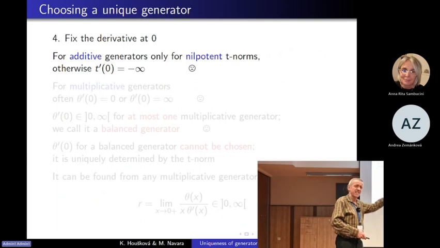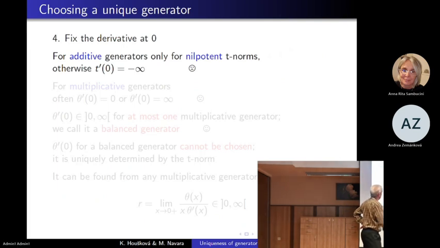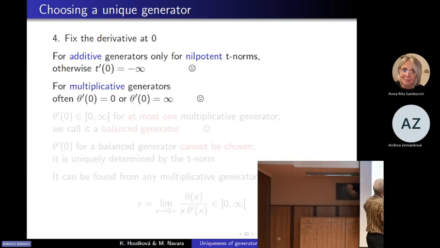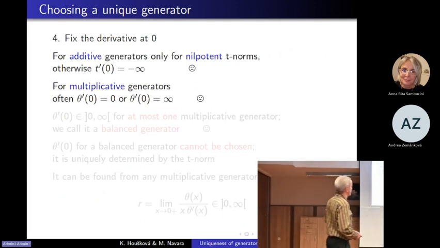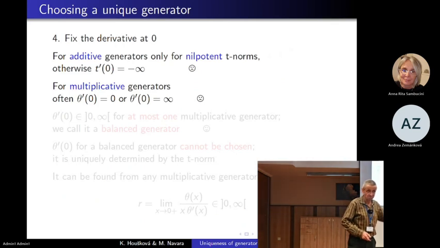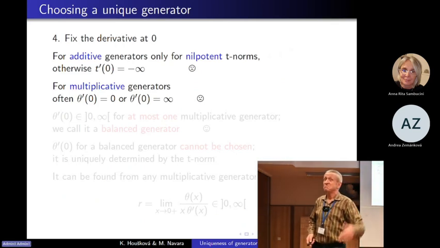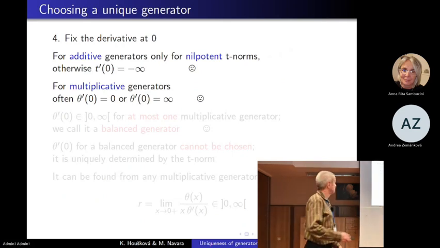Again, having the same slope but different volume. For strict t-norms, it's minus infinity. Bad news, not usable. For multiplicative generators, very often the derivative at 0 is 0. You cannot divide. Or infinity, also bad.